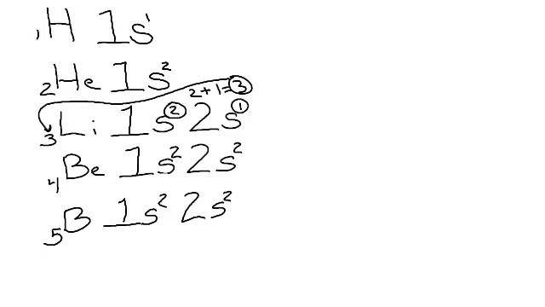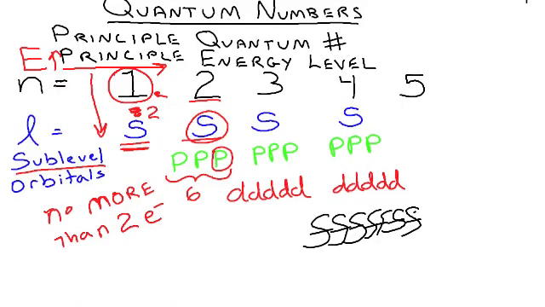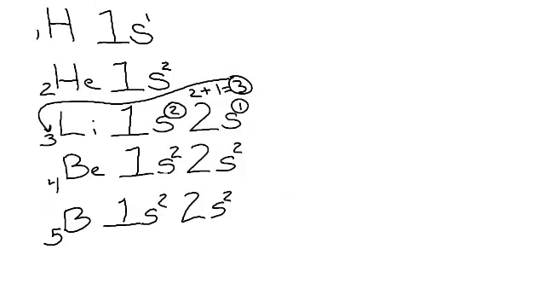Let's go back to our chart. Now that this is full, we need to go to the next highest energy, which is the p orbital. There's only 1 electron there.